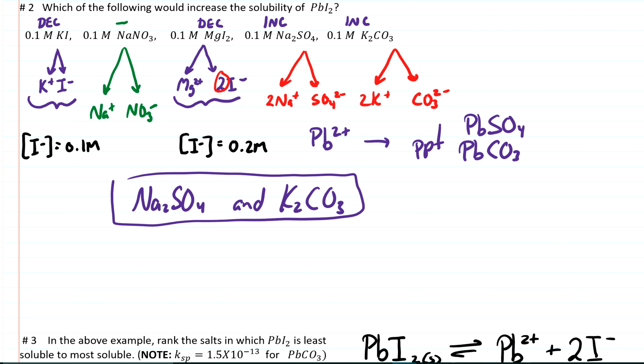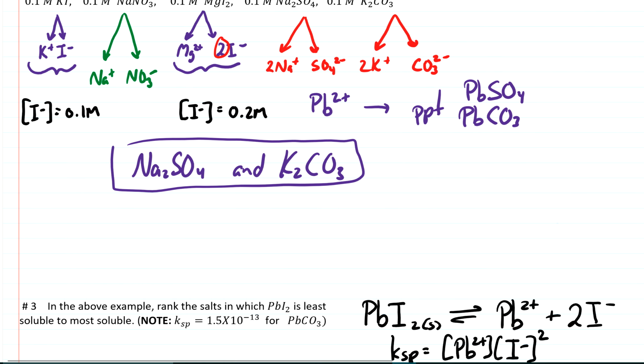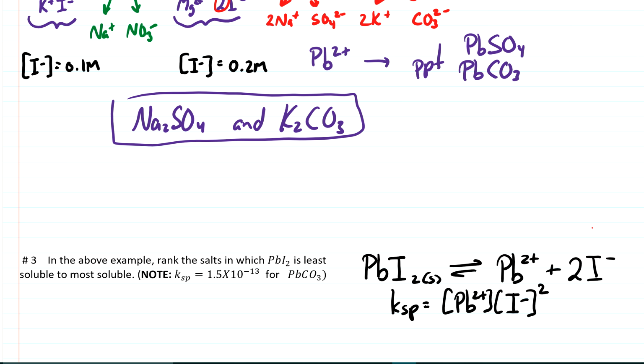So you're doubling up on the concentration. So the MgI2 has more iodide ions in solution before you add the PbI2. Going back to the equilibrium, that chemical would have more of the iodide there already before you add the PbI2, so it would have a bigger impact on the solubility of that salt.